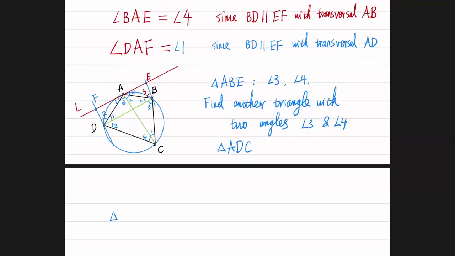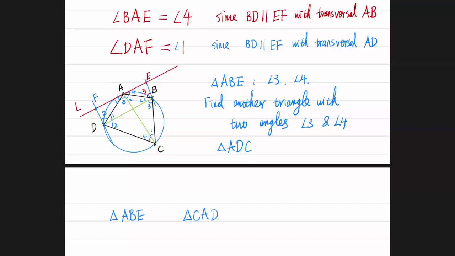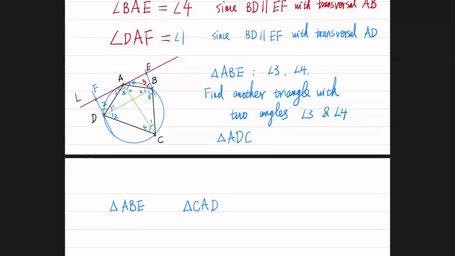So triangle ABE: we match A with angle 4, which is C, and B with angle 3, which is A, so C, A, D. So this one for angle 4, C for angle 4, B for angle 3, A for angle 3. That's how we match the vertices.